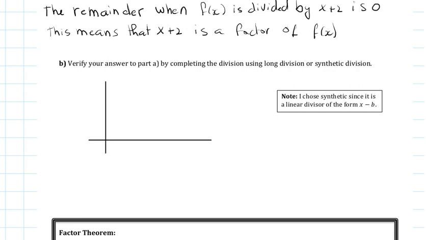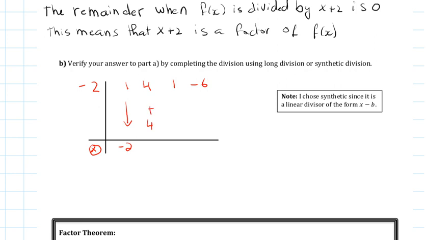So I'm dividing by -2, and then my coefficients are 1, 4, 1, and -6.